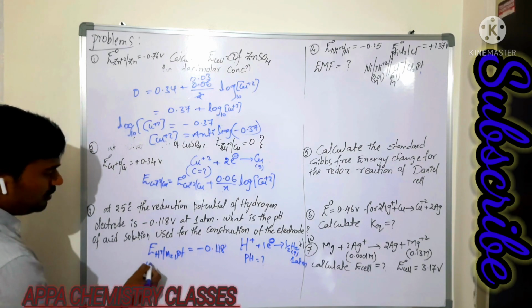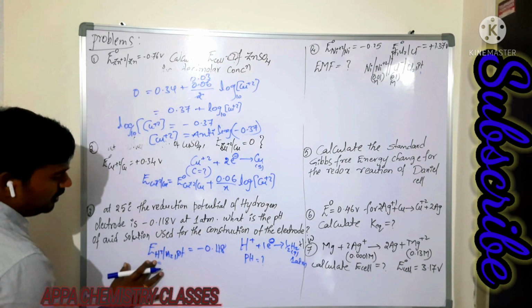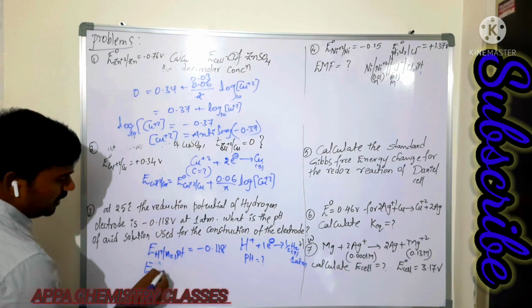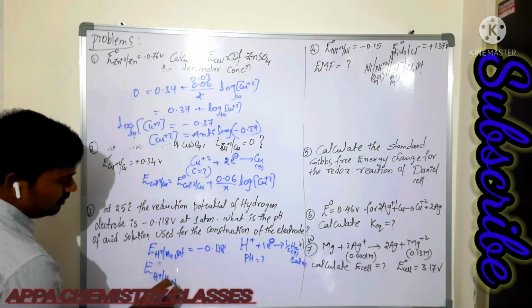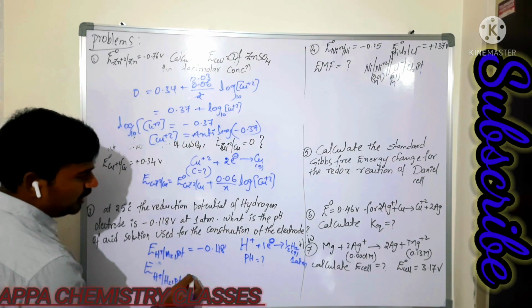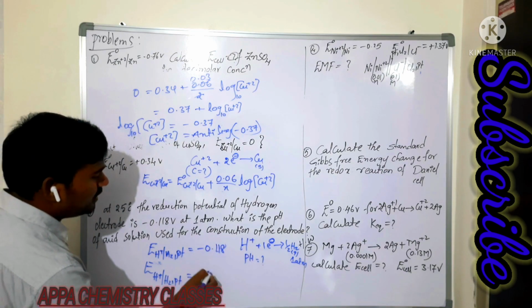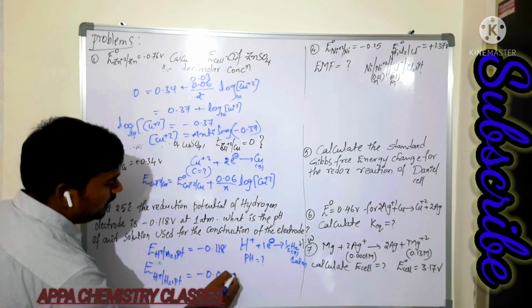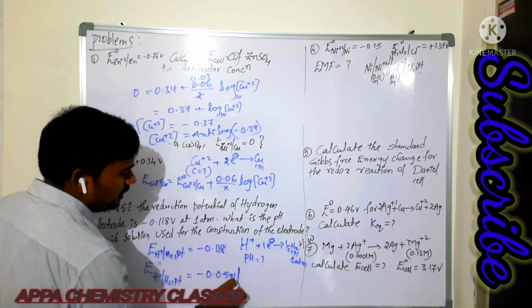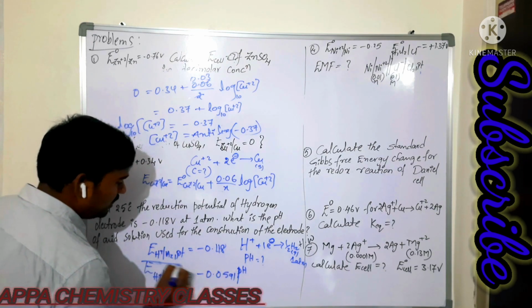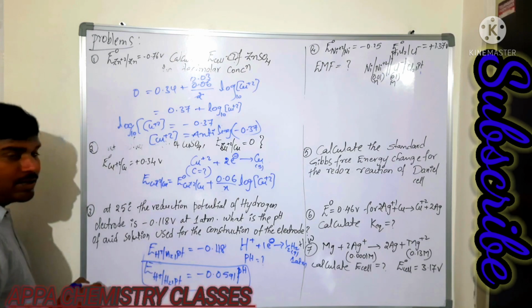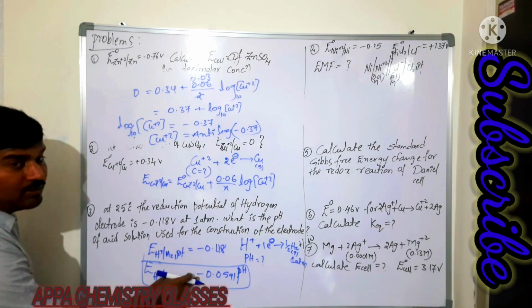We know that in the case of reduction potential, the reduction potential of hydrogen becomes minus 0.0591 pH. Okay, just now we saw this is the formula for reduction potential. For oxidation potential, it will be plus.